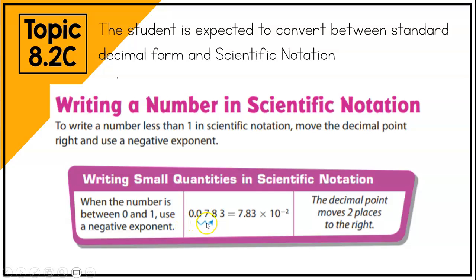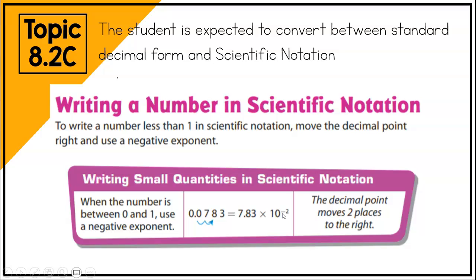And they give us this example here. They give us 783 10,000ths, which is super small. Very much less than 1, but obviously greater than 0. So they're writing it using scientific notation. We have some number times 10 to the power of negative 2.